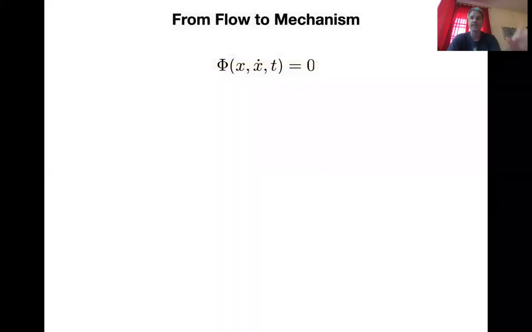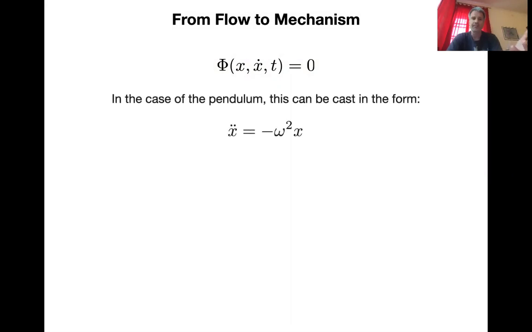This is fantastic. So let's see how you get from this general idea and this mathematical characterization of the flow of a system, the dynamical system is its flow, to a mechanism. So in the case of the pendulum, Galileo came and, just based on observations, did just what we did right now. So we've basically repeated Galileo's work here. He said there is a regularity in this system. It's a bit more complicated than what I just told you.